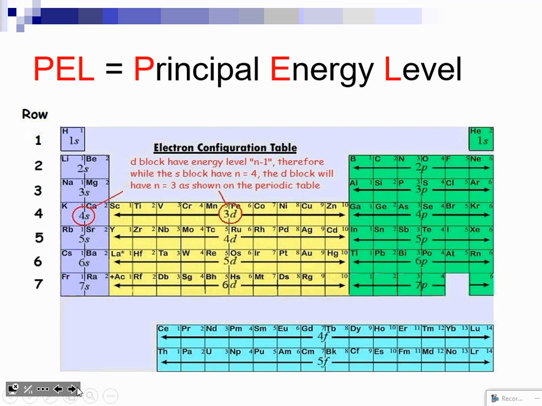At times you might hear these referred to as the PEL. The PEL is just the principal energy level. Like I said, here are the different energy levels, and you should have those labeled now on your periodic table.